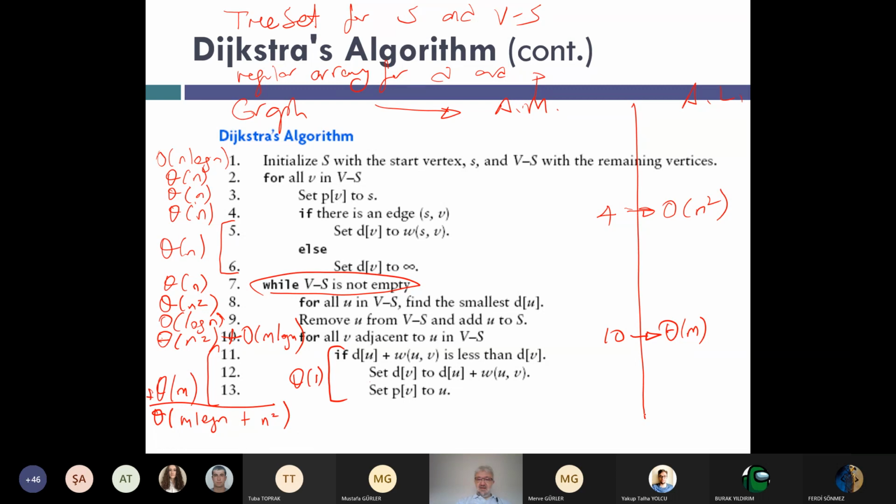And here the total is again theta m log n plus n squared.